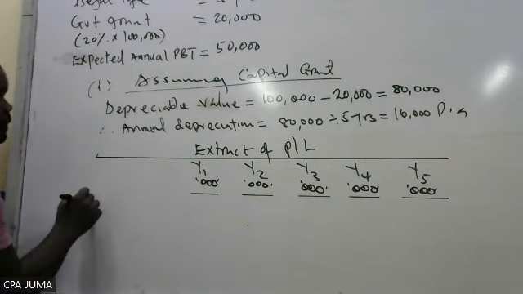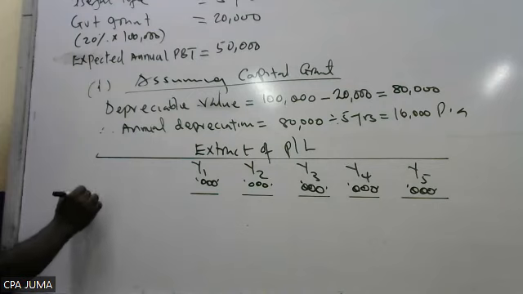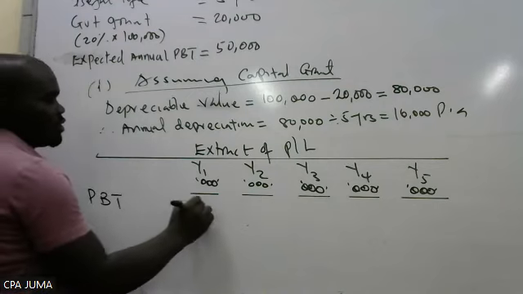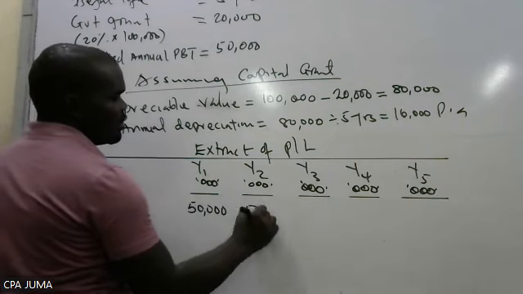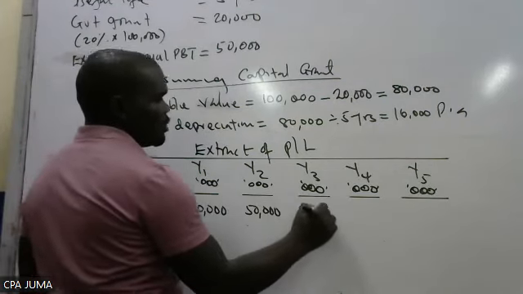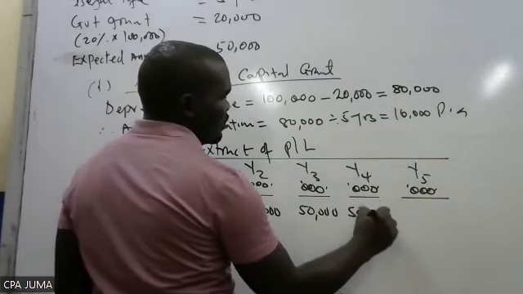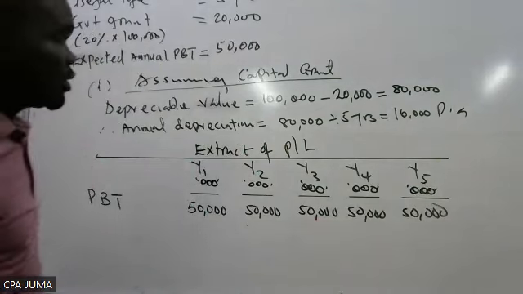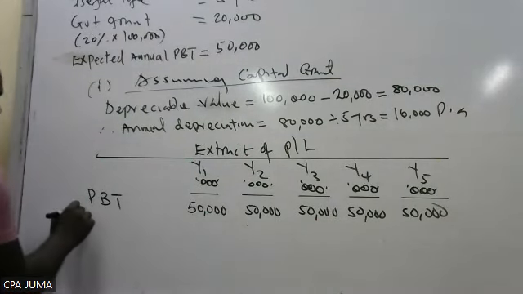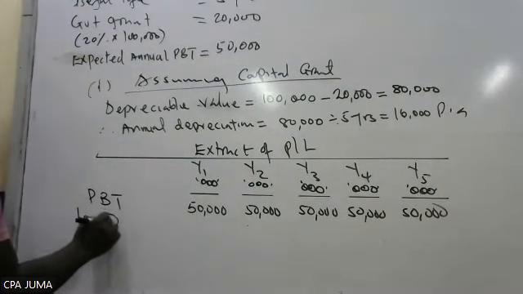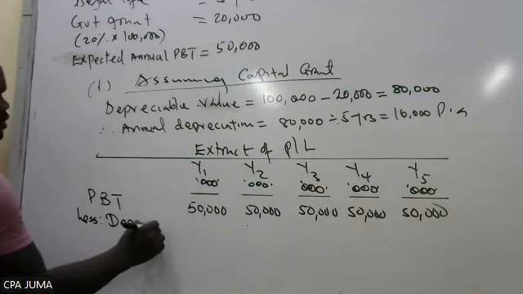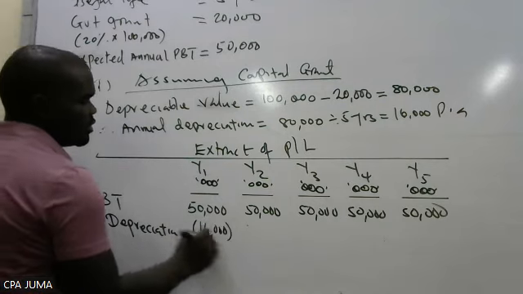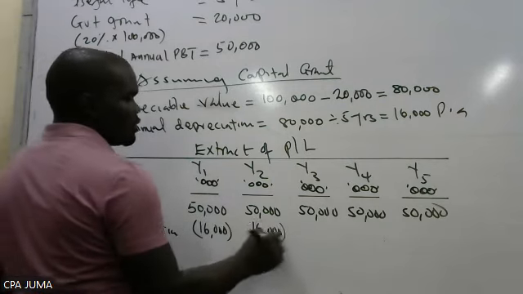So right there, profit before tax, they expected 50 for every year. Then you less, there was depreciation. So depreciation is how much? Still, every year.